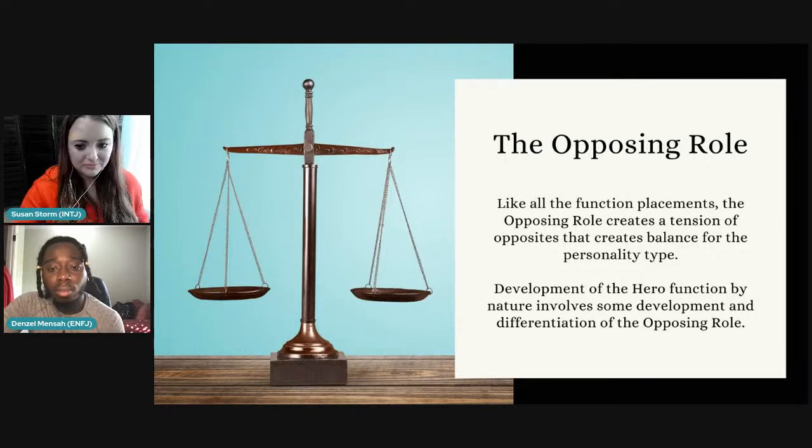Development of the hero function, which is the same as the dominant function, by nature involves some development and differentiation of the opposing role. It's like sorting laundry: you take out all the green clothes and sort them from all the rest, and you decide you like this shade of green more than the dark green or light green.